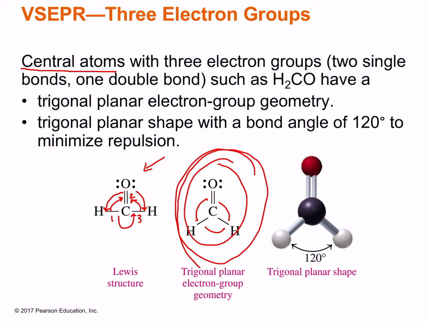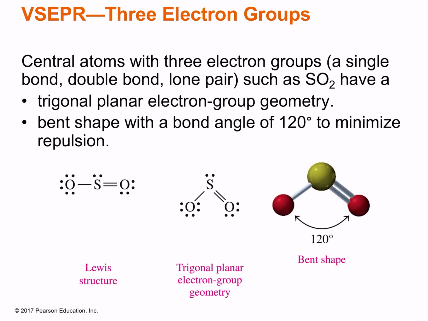Okay, so this shape is called trigonal planar. That's how you pronounce it, not trigonal. It's trigonal planar, and it has a bond angle of 120 degrees. So again, you're going to memorize, okay, if it has 3 things bonded to the central atom, it's trigonal planar, bond angles are 120. But again, if you don't draw the Lewis structure right, then you're never going to get the rest of it. So make sure you're practicing your Lewis structures.